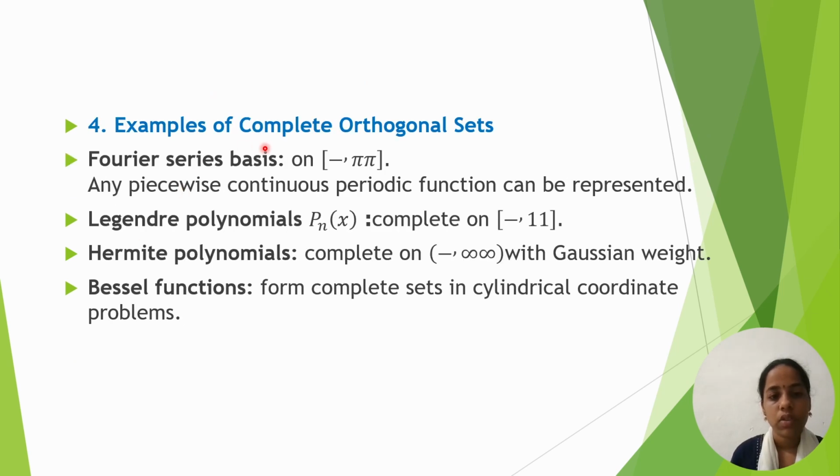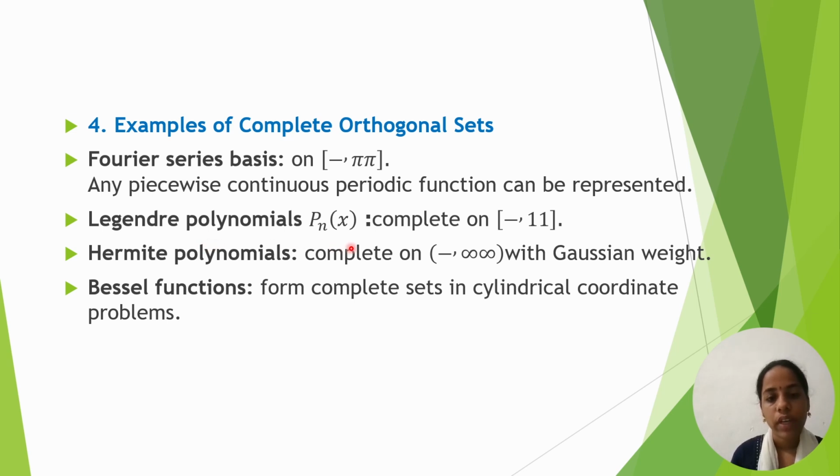Next, examples of complete orthogonal sets. Fourier series basis on the interval minus pi comma pi: any piecewise continuous periodic function can be represented on the interval minus pi comma pi.